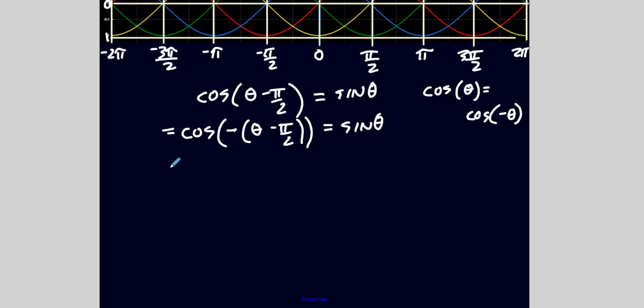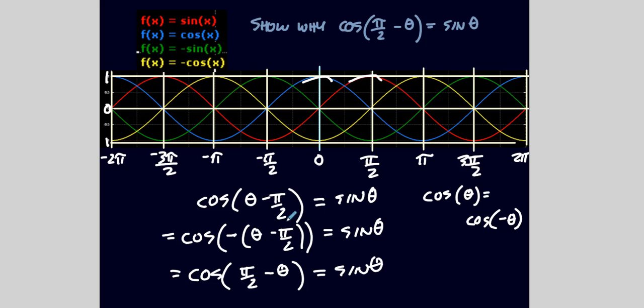But what does this equal? The cosine of the negative of theta minus pi over 2 is the cosine of pi over 2 minus theta. So the cosine of pi over 2 minus theta must equal sine theta, which is what we just proved.